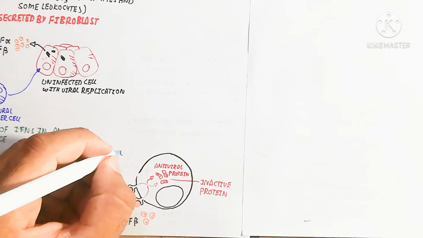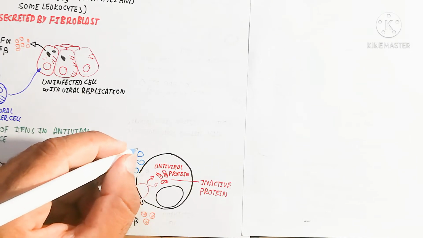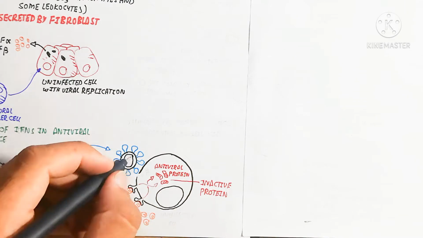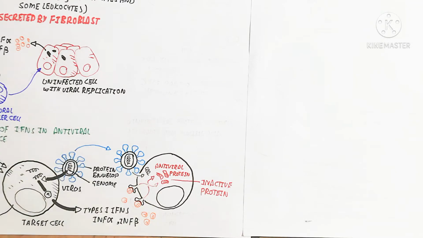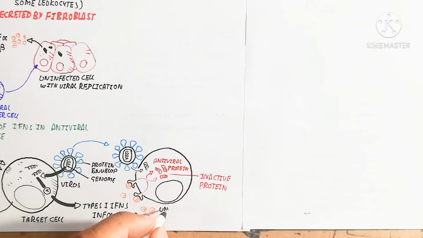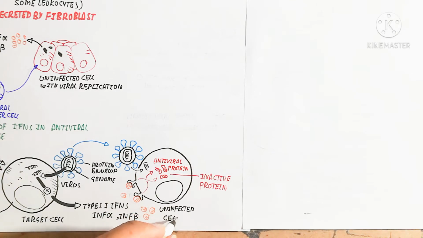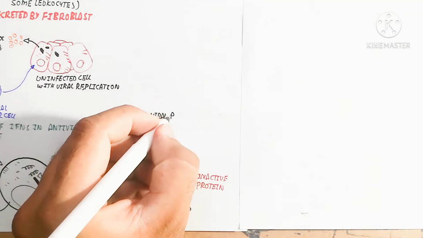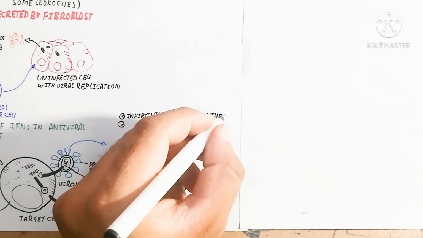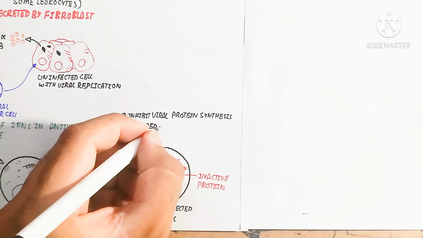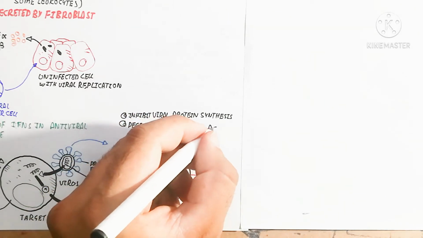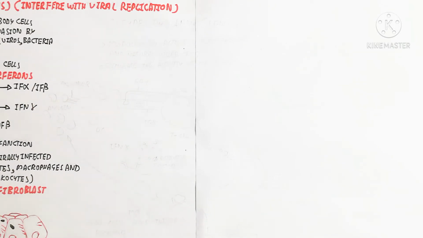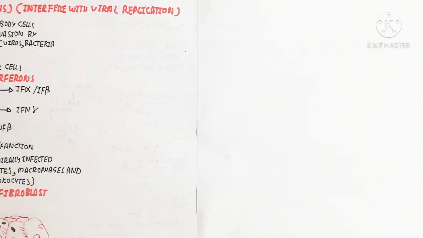Interferon alpha and interferon beta are released from the target cell to the healthy, uninfected cell to give the signal, acting throughout the plasma membrane of the cell. Through a cascade of signaling, DNA transcription and translation produce antiviral proteins. These inactive proteins are activated and inhibit viral protein synthesis and decrease viral nucleic acid.